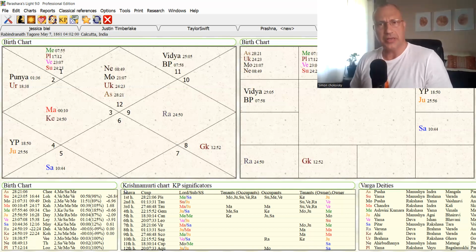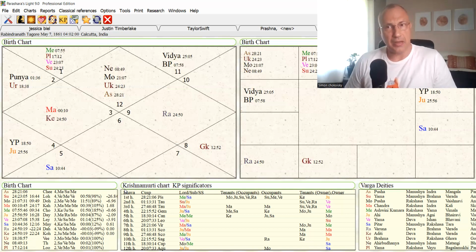Now, this is in the early 1900s, in spite of India being occupied by the British at the time and tons of racism going on. And yet this man, through the power of his yogas, was able to achieve an extremely high status, not only in his society, but in world society. So let's see what's going on here to give us a clue.